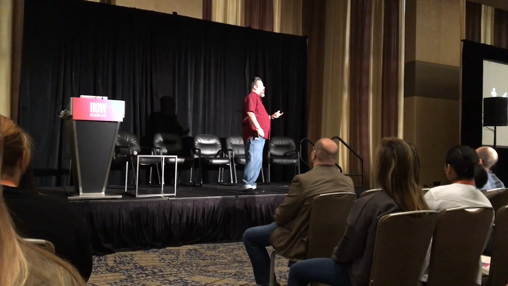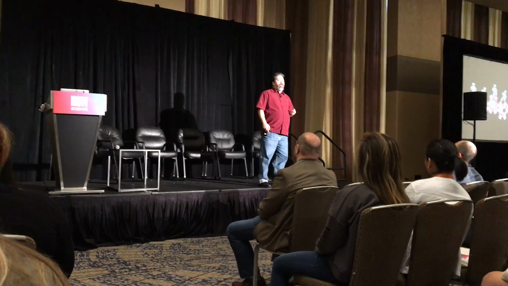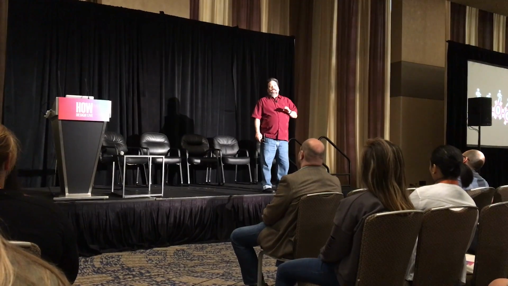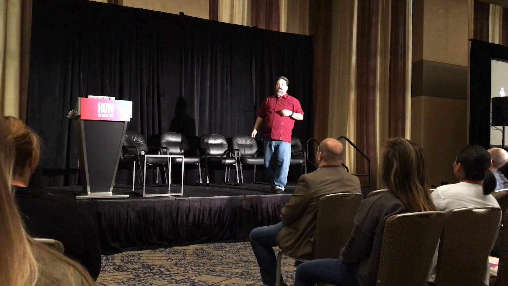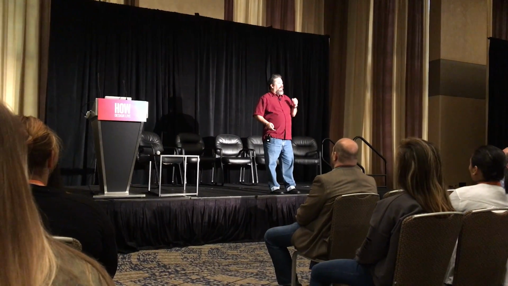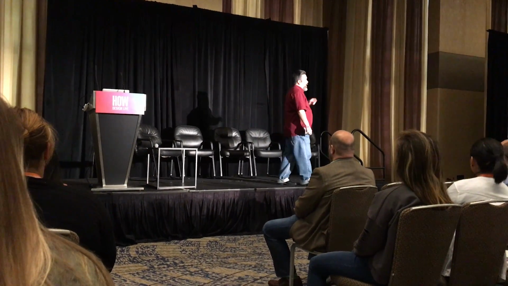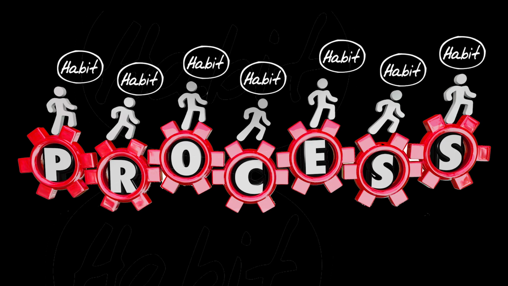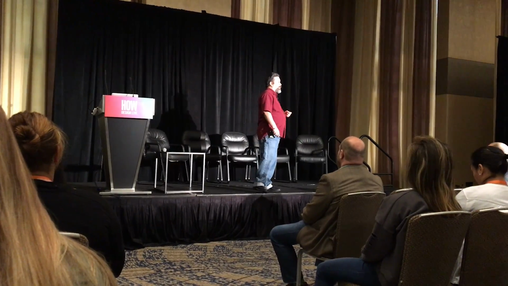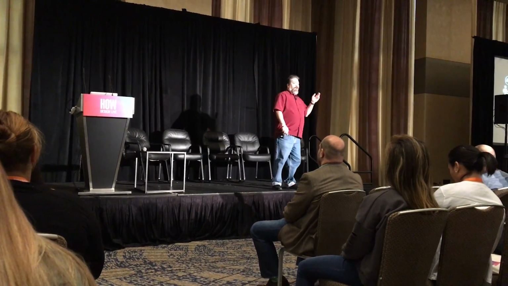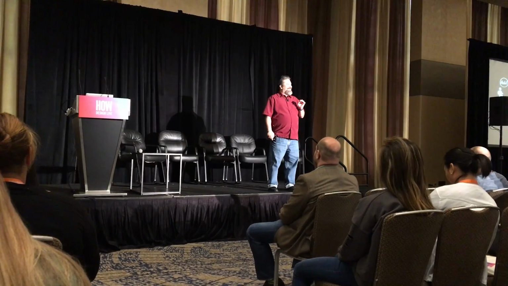As I've interviewed and talked to various customers over the past 10 years, what I have found is at varying levels, whether it's individual, department, team, or an entire organization, a lot of times process is just a bunch of habits that have collected over time. This is how it's always been done. This is the way that we do it. This is why I still use Unsharp Mask in Photoshop.